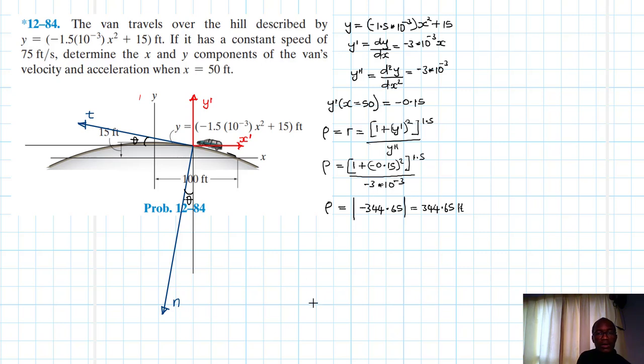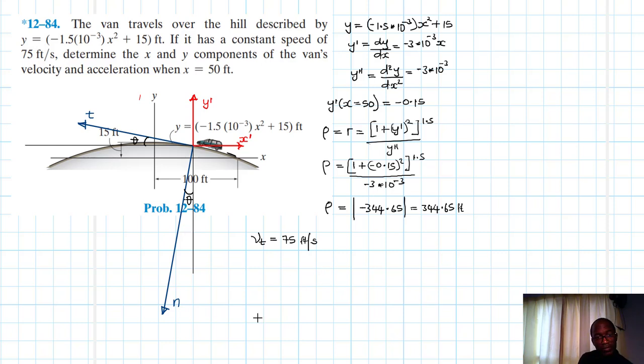Since we found this, we know that our VT is equal to 75 feet per second, and it is constant, right?